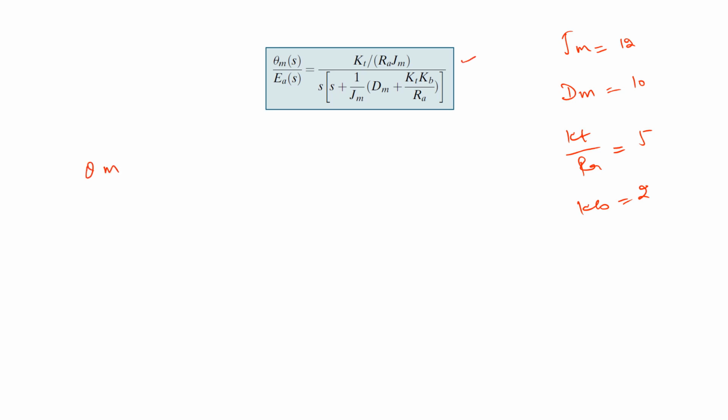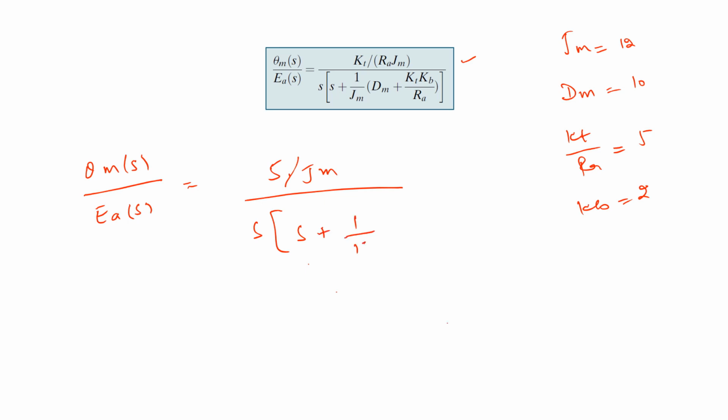We will have theta m divided by Ea equal to Kt by Ra, which is 5, times 1 by Jm, and Jm is 12, so 5 divided by Jm, divided by S plus 1 divided by Jm, which is 12, and Dm is 10 plus Kt by Ra, which is 5, times Kb, which is 2, so 10.